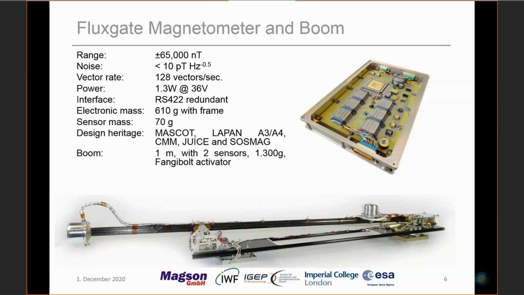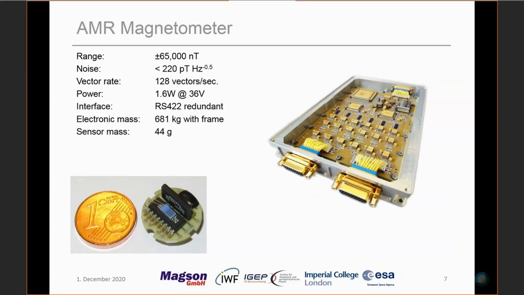We have a noise level of less than 10 picotesla per square root hertz, and we have a fixed vector rate of 108 vectors per second. The ARM-L sensors have the same range and the same data rate. In the case of SOSMAC, we have connected to one ARM-L electronic 2 sensors, the 2 platform sensors.